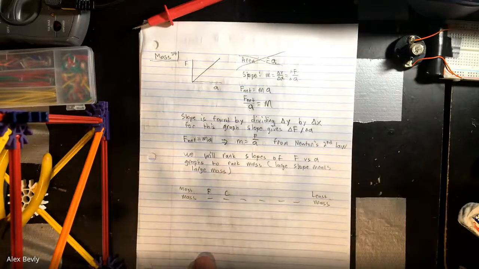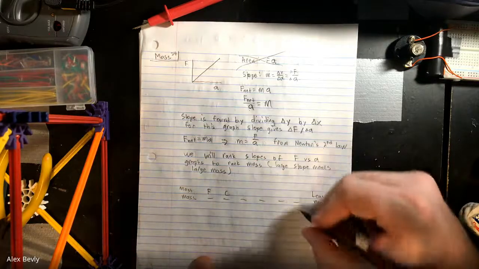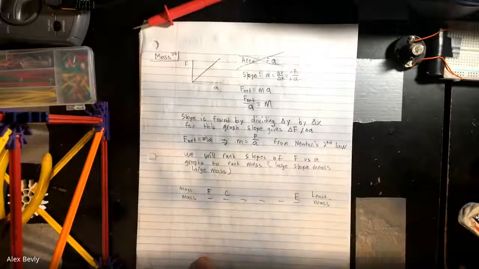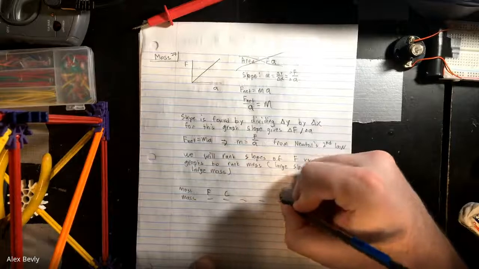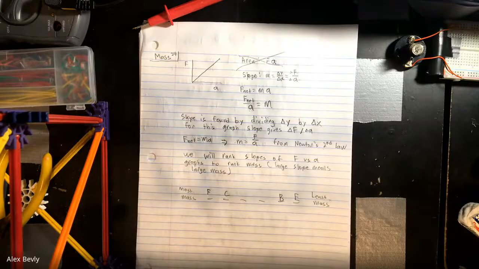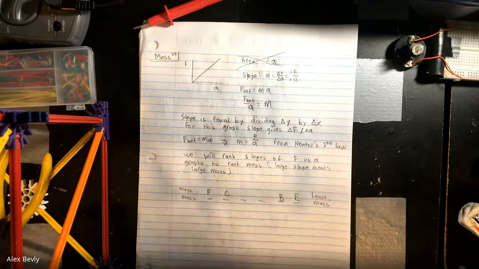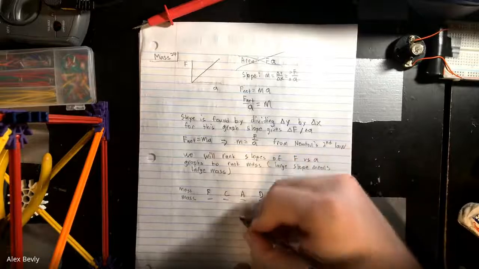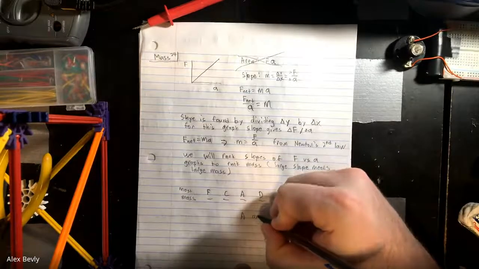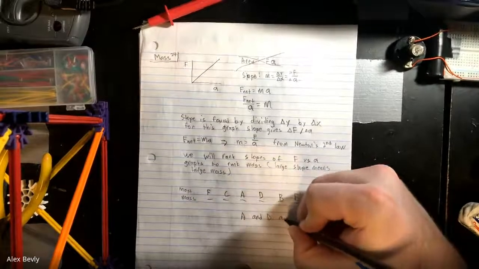Now, E is obviously the least steep, and then B is a little bit less steep. I have difficulty seeing the difference between A and D. A looks like it's slightly steeper than D, so I would agree putting A here. But A and D are very close.